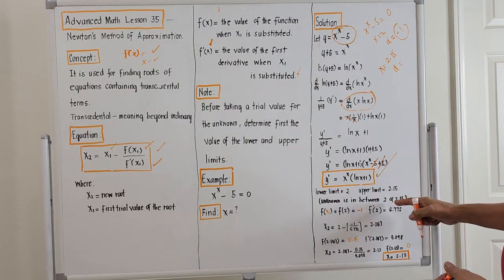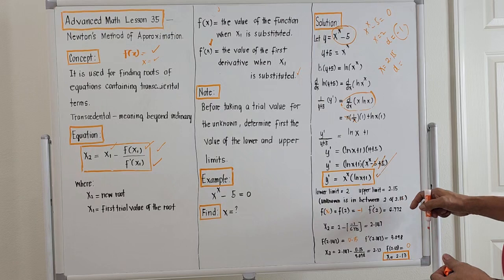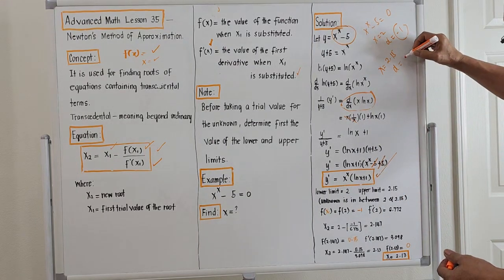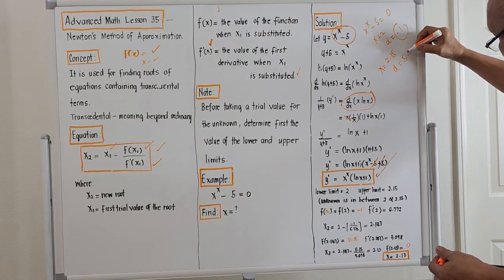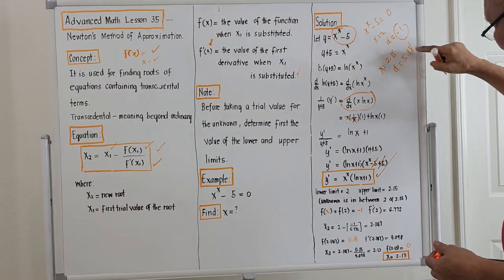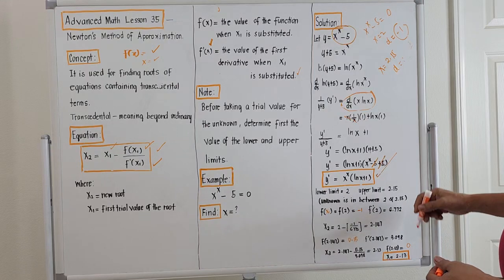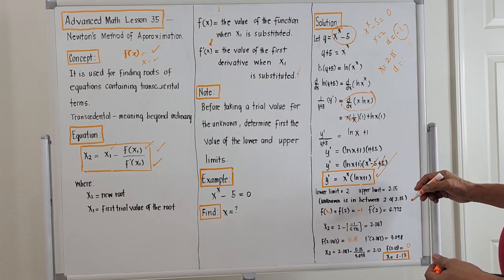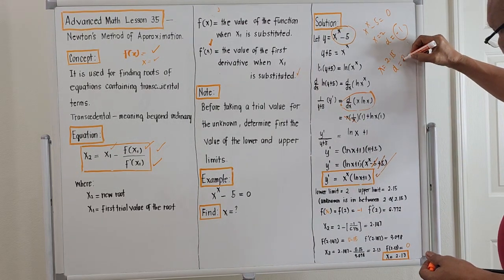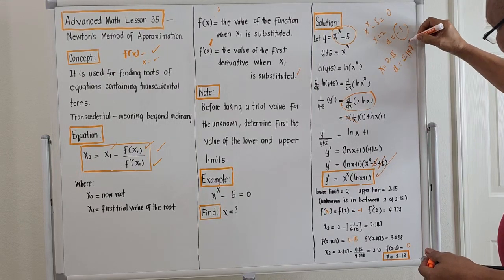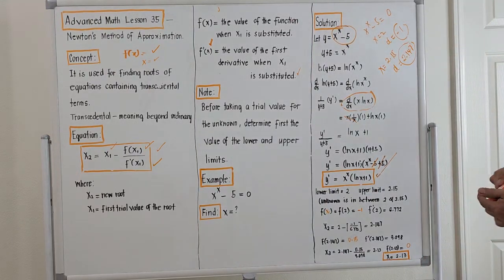what comes out? 2.15. It is around 5.18 something. Lower limit. 2.147, something like that. Okay?